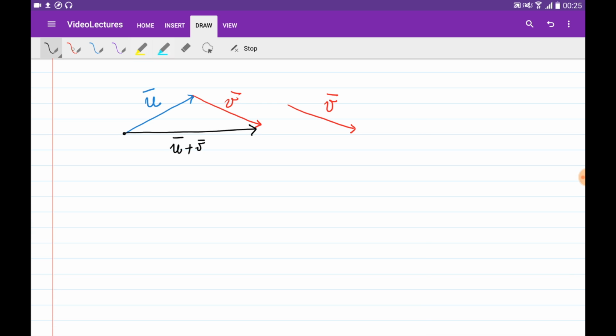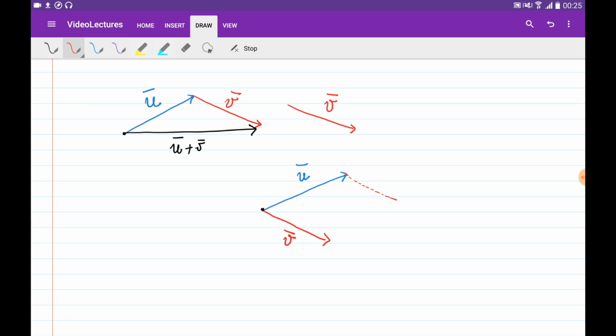There is another method, which is called the parallelogram method. If I would like to add two vectors, we need to place the two vectors so they start from the same point. This is going to be V. As long as we don't change the direction and the length, we can put it anywhere. We start both vectors from the same place and build a parallelogram.